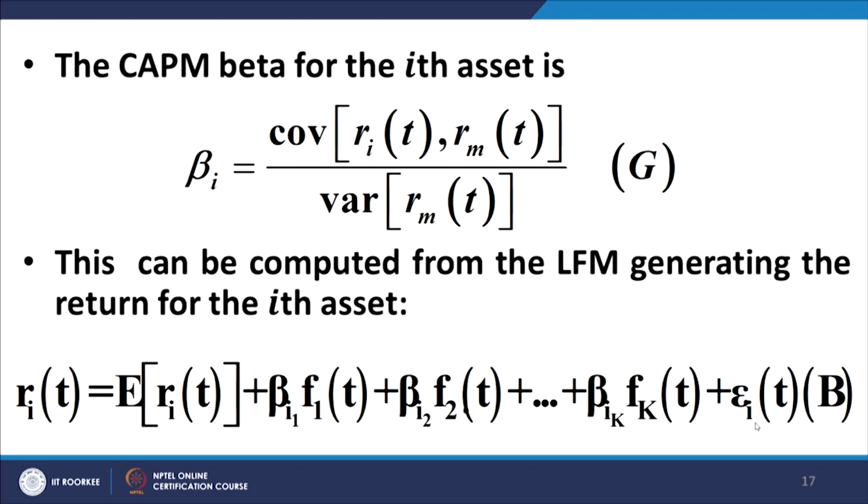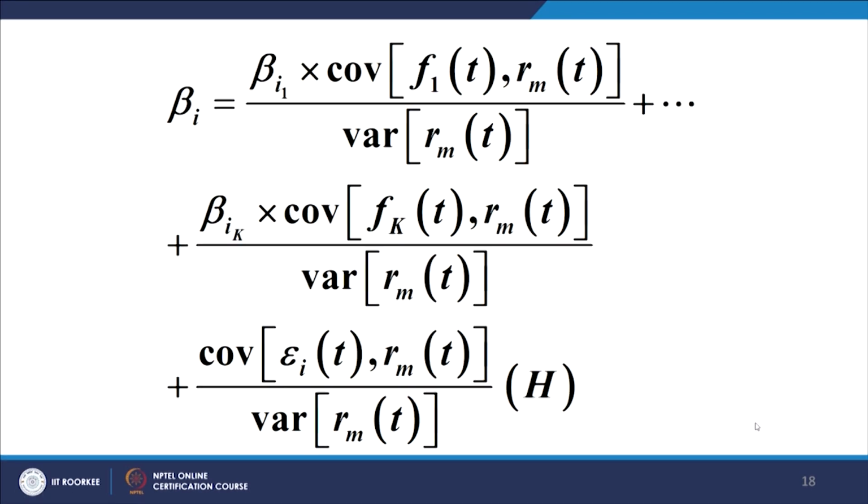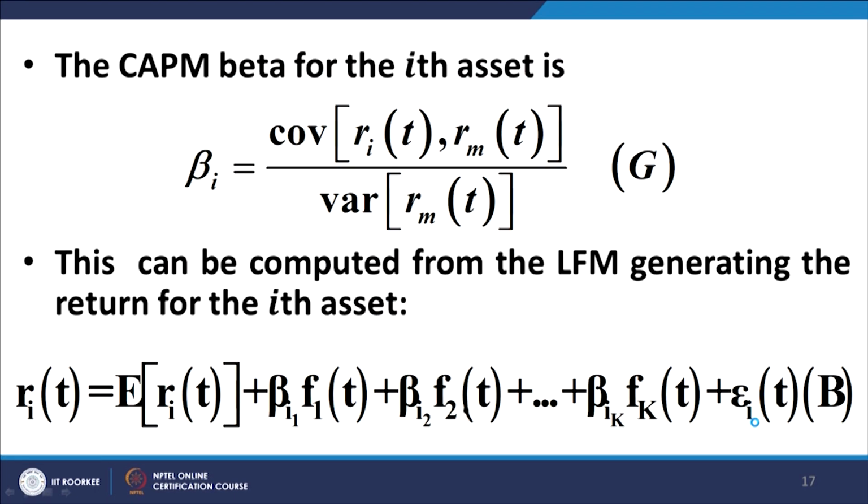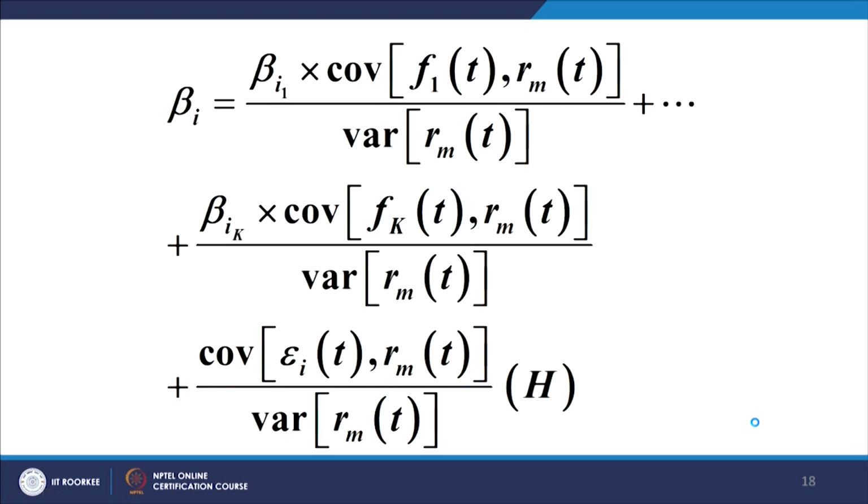Now, if we substitute the value of R_it in terms of the expression given in equation number b, what we get is equation number h. Here we have simply substituted the expression for R_it from equation number b into equation number g to arrive at equation number h.